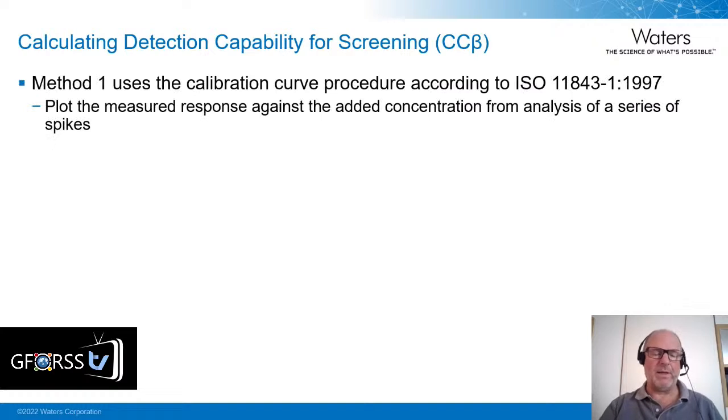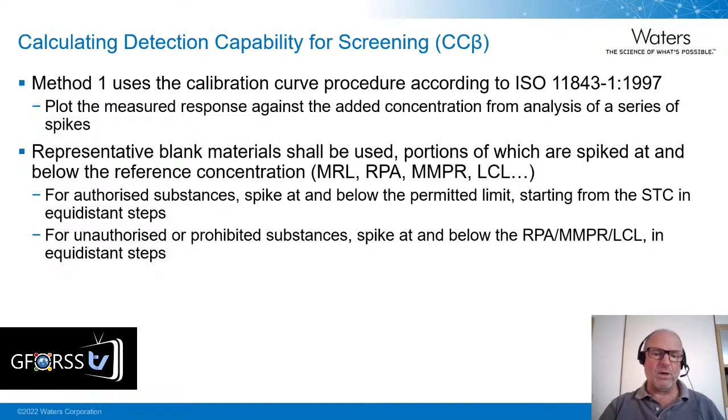The first method outlined in the regulation for calculating detection capability for screening CC-beta uses the calibration curve procedure that we are familiar with through our work on confirmatory analysis. So this is based upon plotting the measured response against the added concentration from an analysis of a series of spikes. For authorized substances, we spike at and below the permitted limits, starting from the desired STC in equidistant steps.